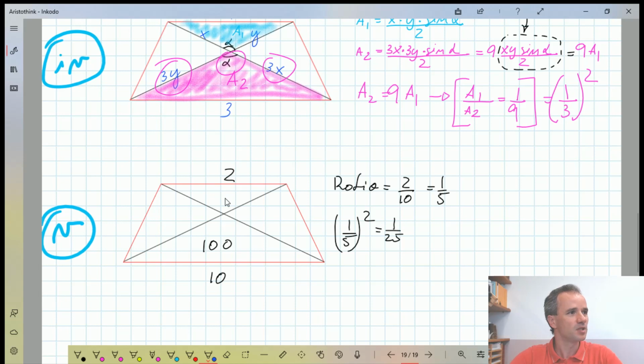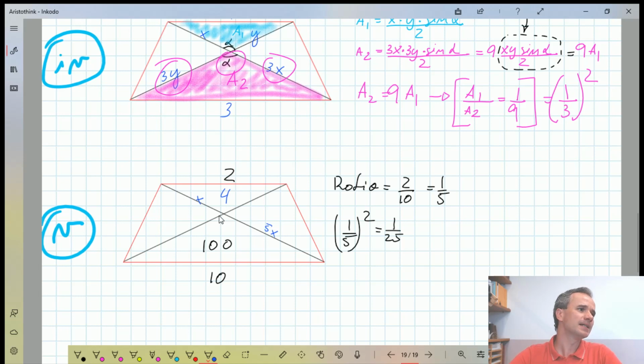Okay? So this is 4. Remember, the ratio between that triangle and that is the square of this ratio. Now, what is the ratio, 1 to 5? Great. So if this is x, this should be 5x.